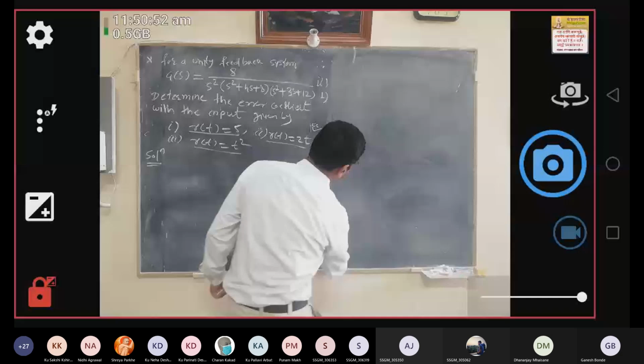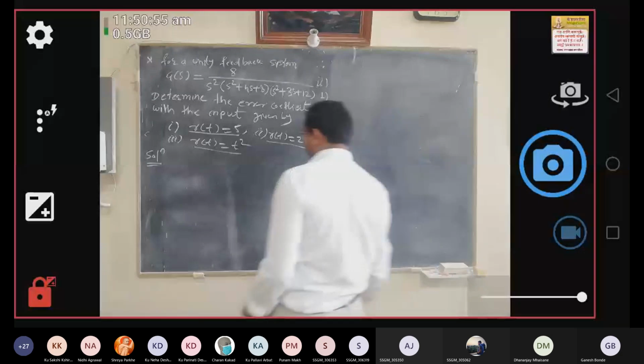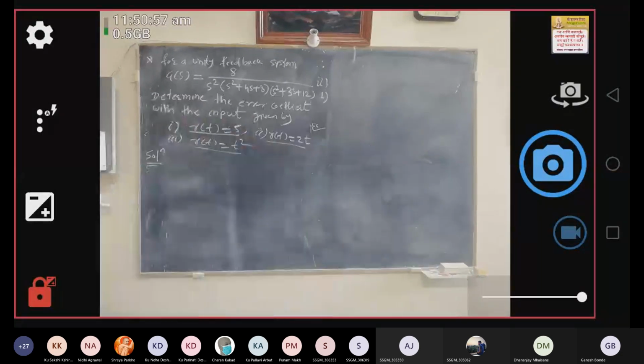So what is the type of the system? Can you identify the type of the system from this G of s into H of s? Here H of s is 1.